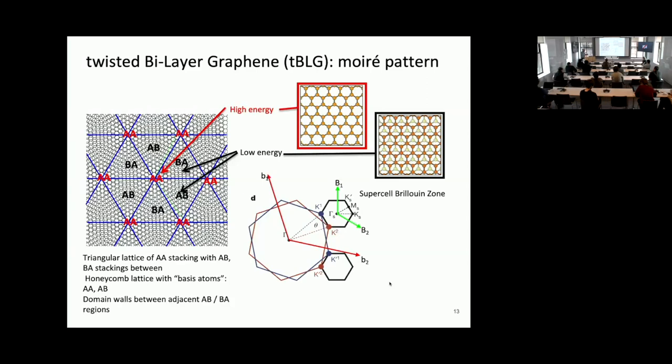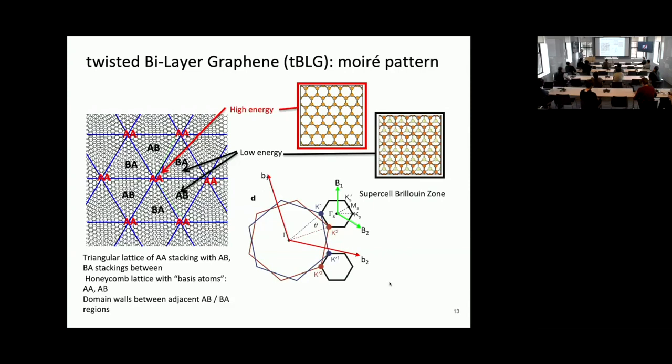So when you have this twist in real space, you also have a twist in reciprocal space. So the Brillouin zone in the reciprocal space that I showed a moment ago for a single graphene layer, now you have two of those, the red one and the blue one.